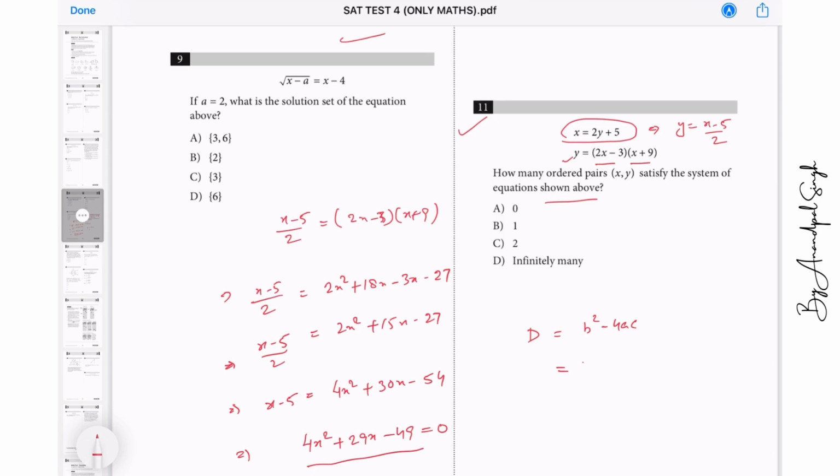So just write 29 square minus 4 times minus 49. So this gives you 841 plus 16 times 49. Anyways, we observe that d is greater than 0. So when d is greater than 0, we have two solutions, right? This was a very, very good question.